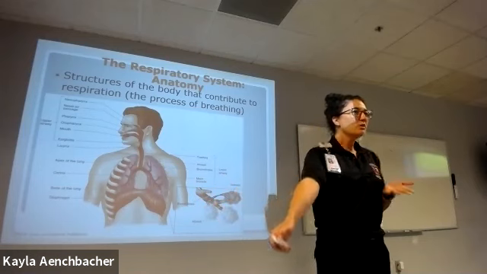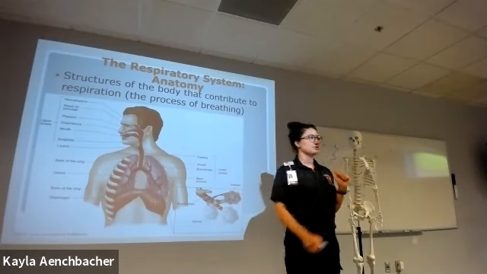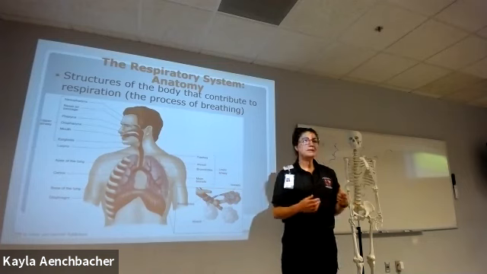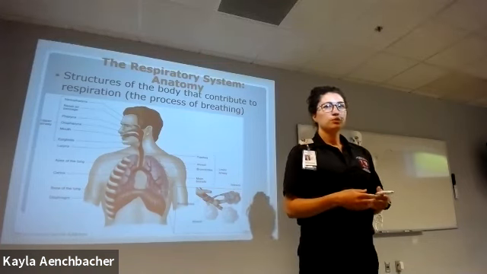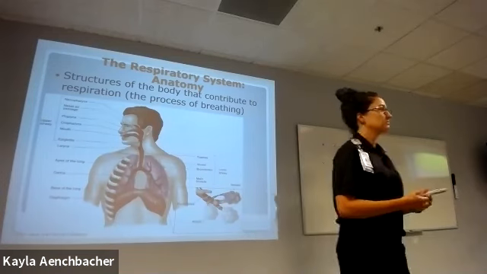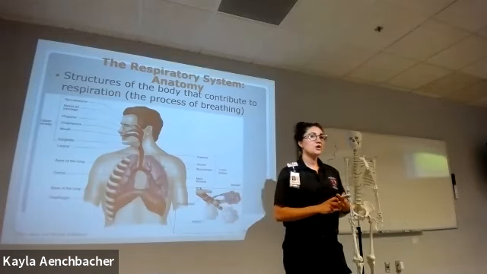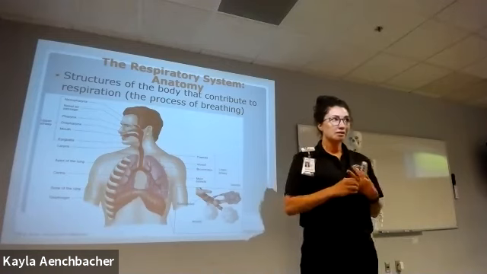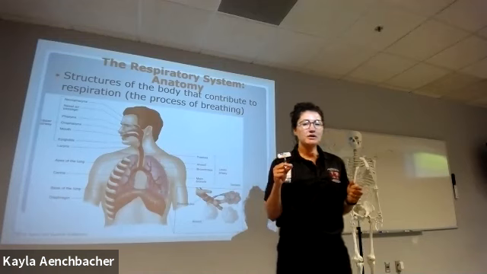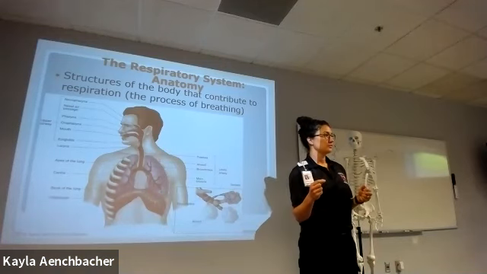Okay, what was the other gas I mentioned? Carbon dioxide, CO2. All right, guys, what is this? It's kind of like a waste gas, right? It's very acidic. We like a little bit of it to be in our body, but not too much, okay?